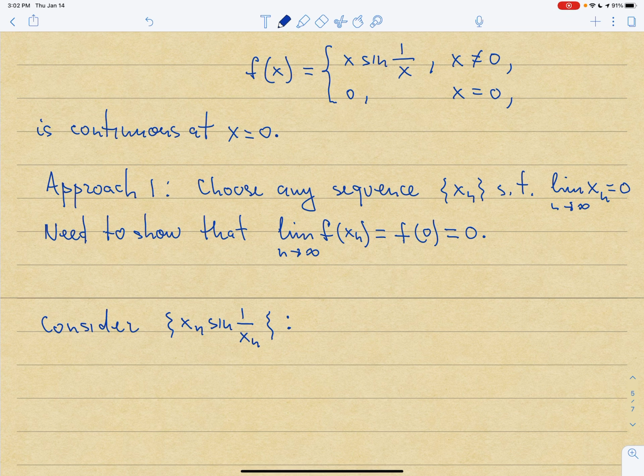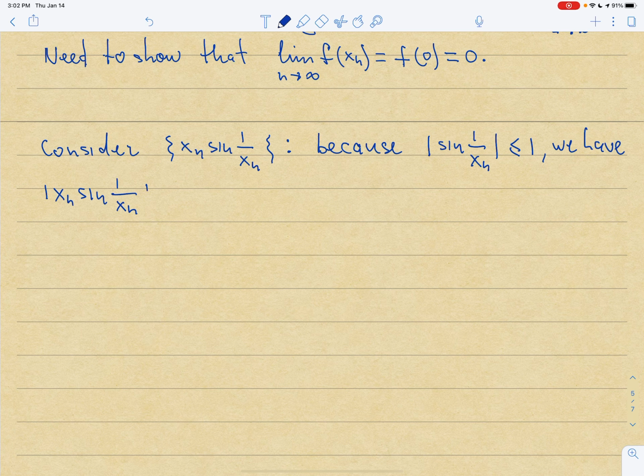And I can see one thing pretty clearly. Because sine of anything, in particular sine of 1 over xn, is always less than or equal to 1 in absolute value, we have that the absolute value of xn times sine of 1 over xn should be the same thing as absolute value of xn times absolute value of sine of 1 over xn, right?